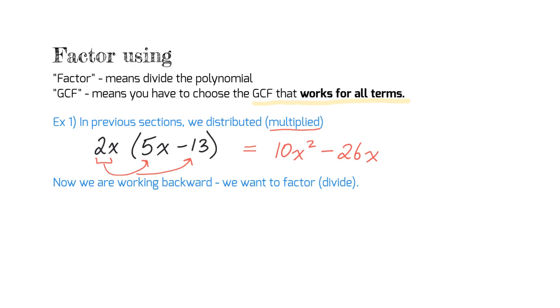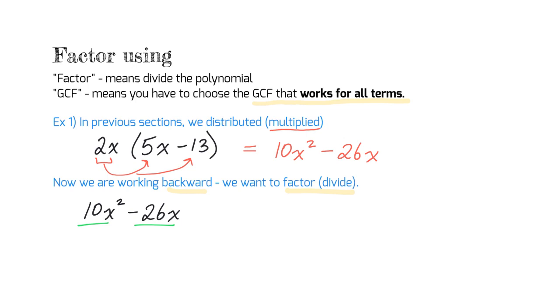Now what we want to do is work backward, meaning we want to factor or divide so that we end up with a monomial in the front and a polynomial in brackets. This is where the GCF is going to come in handy. I want to divide both of my terms by the greatest common factor.